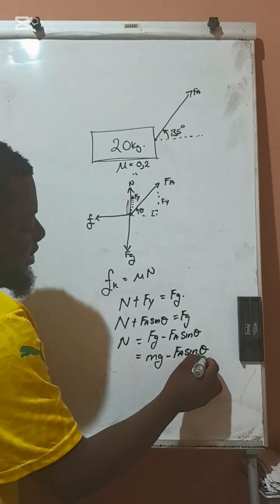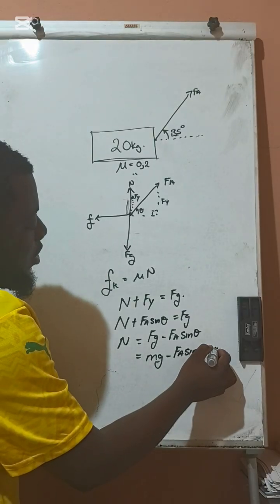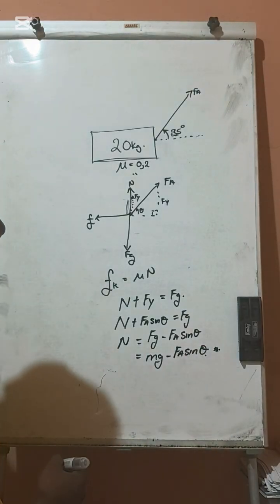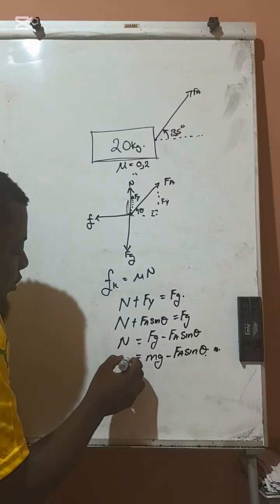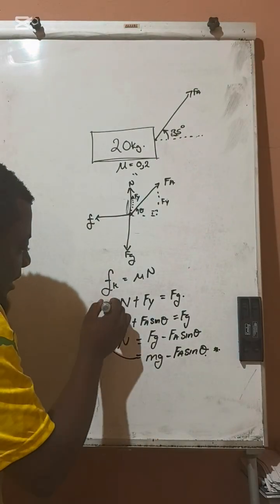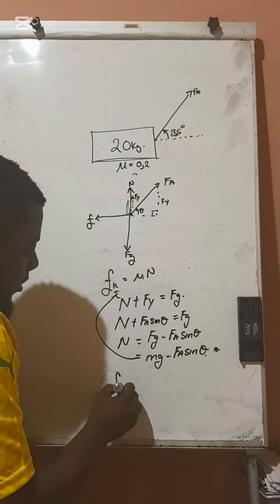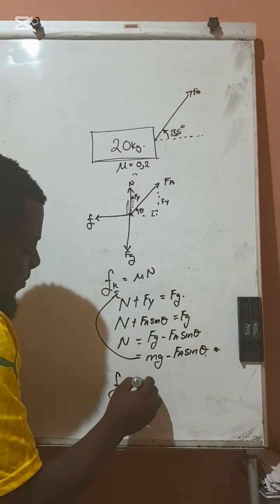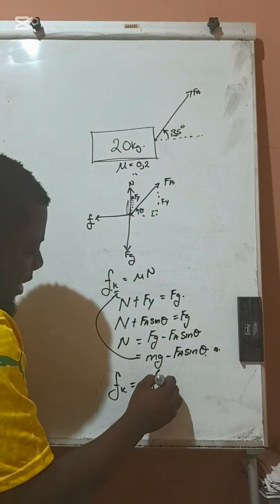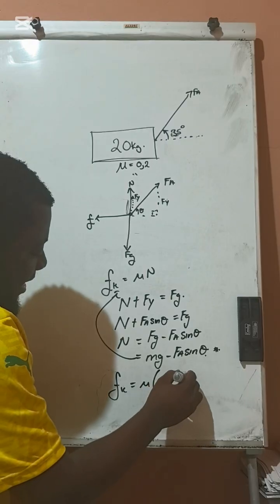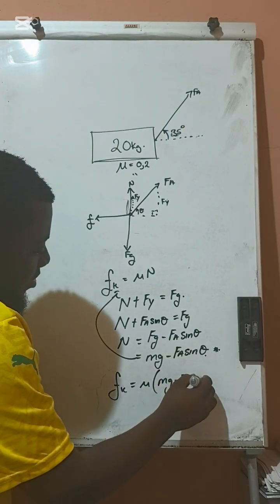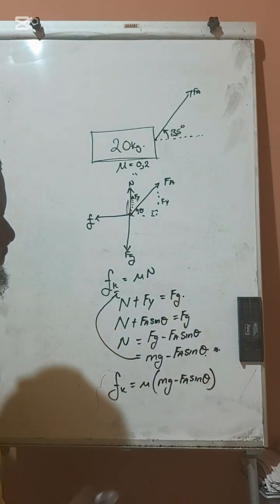That is the formula that you use for normal force. Now, for frictional force, you substitute in that formula, which means frictional force will now be equal to mu times (mg minus Fa sine theta). That will be your frictional force.